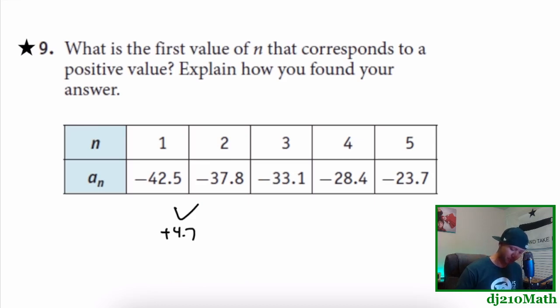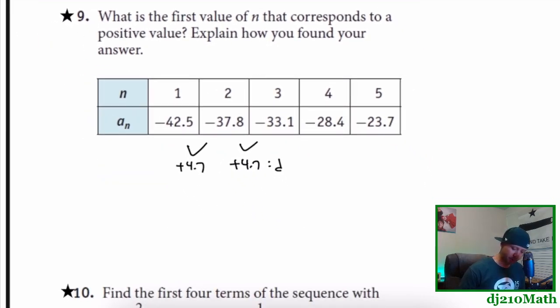Is that true? 5 take away 7, 0.8. Yeah. And then from here to here is also plus 4.7. So 4.7 is the difference.